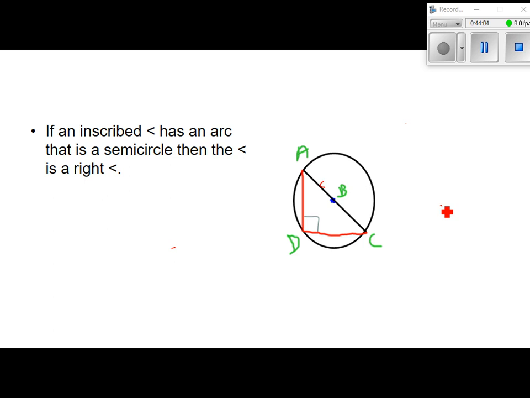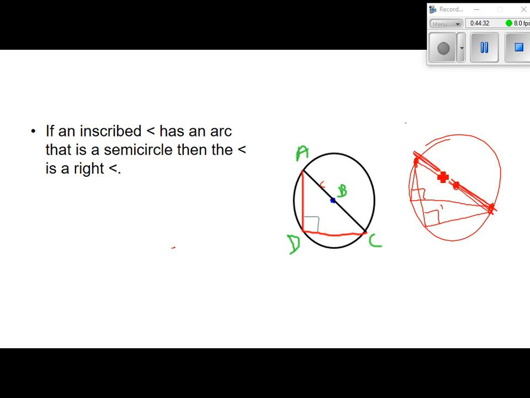We talked about this one earlier. If I have a diameter in a circle, and I use these 2 endpoints of that diameter to make an angle, what's always going to be true about that angle? It's always going to be a right angle. No matter how you draw it, you use this point and that point, it's always going to form a right angle.